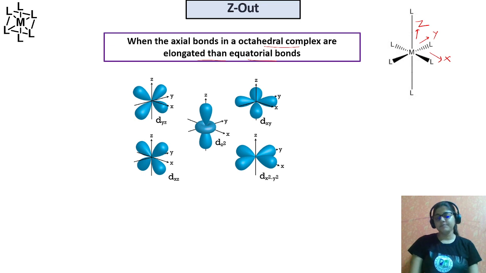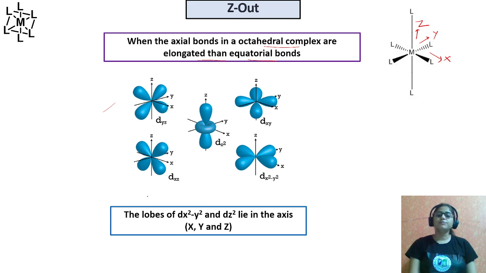When will it happen? Before going to the when question, first look at the d orbitals, how the lobes are arranged in 3 dimensions. So this is dyz, this is dxz, this is dxy, dx square minus y square, and dz square. What are the important things we have to note down?